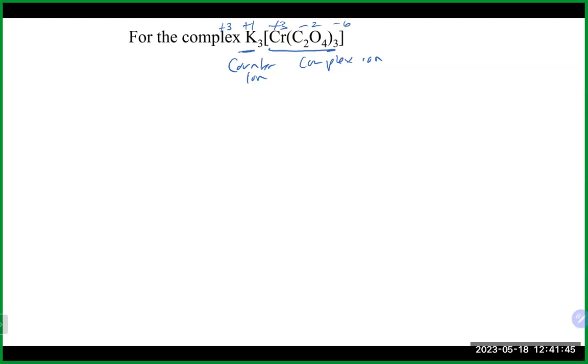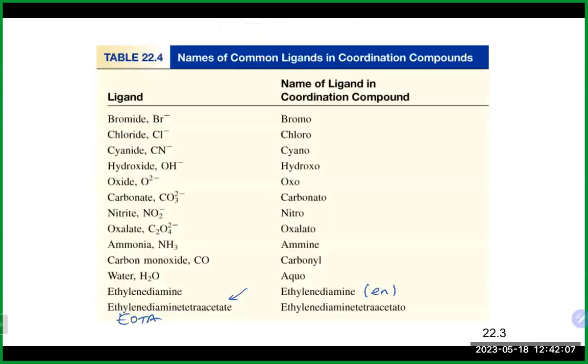All right, so knowing that it is a negative complex ion, that means instead of chromium, we do need to use the ate version of it, which would be chromate. We also now know it's a Roman numeral 3. We have 3 of the oxalate, which again, if we look here for oxalate, is our oxalato.